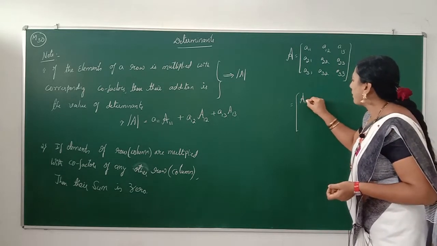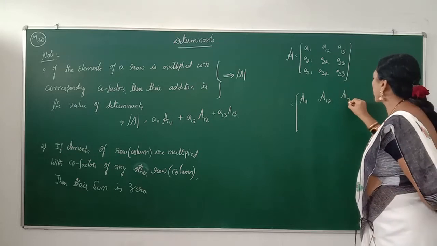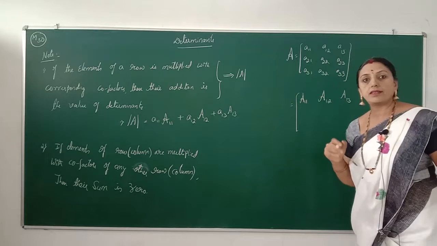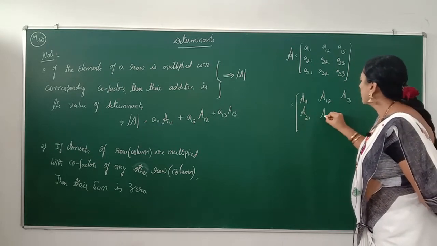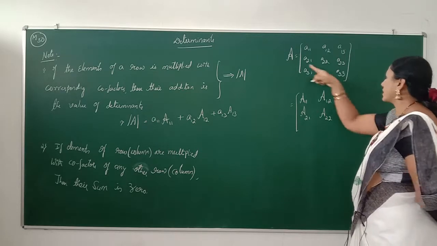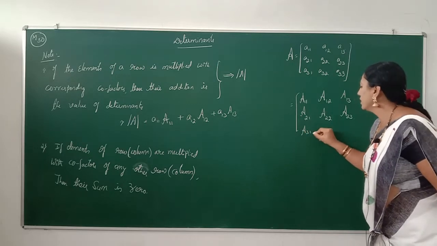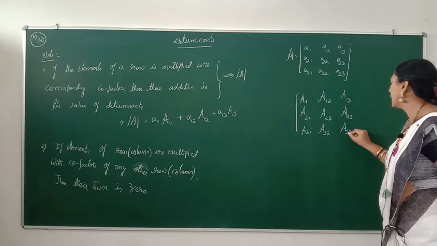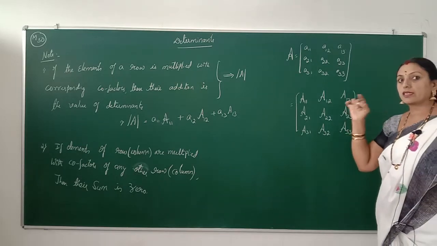That is, capital A11, A12, A13 are the cofactors of the elements in the first row. Similarly A21, A22, A23 are the cofactors of the elements of the second row, and A31, A32, A33 are the cofactors of the third row.